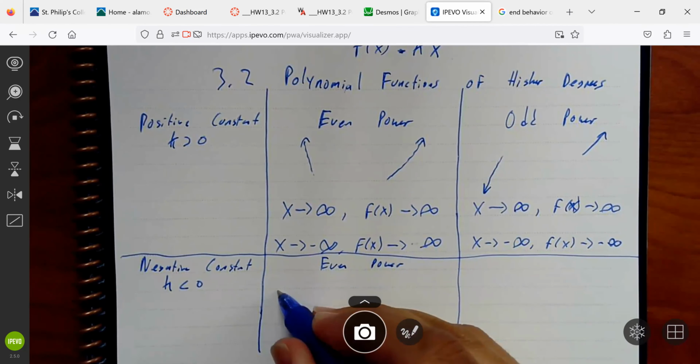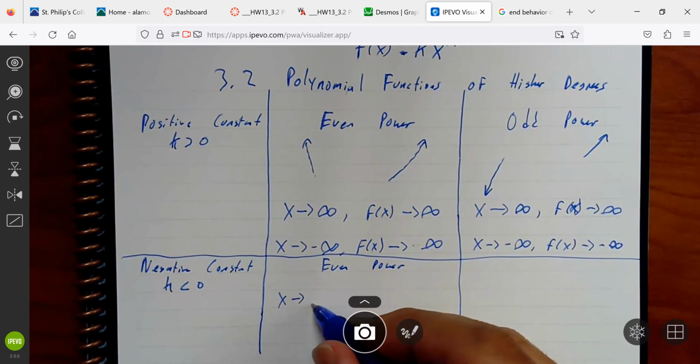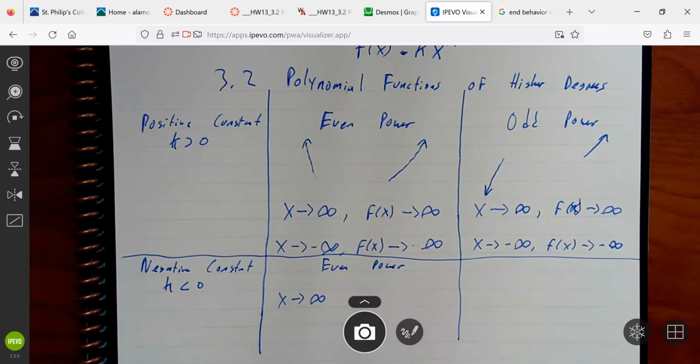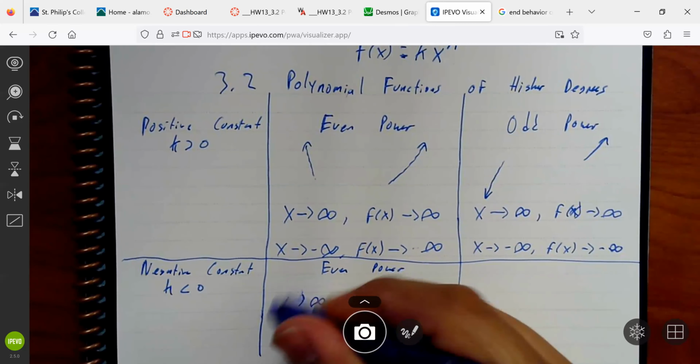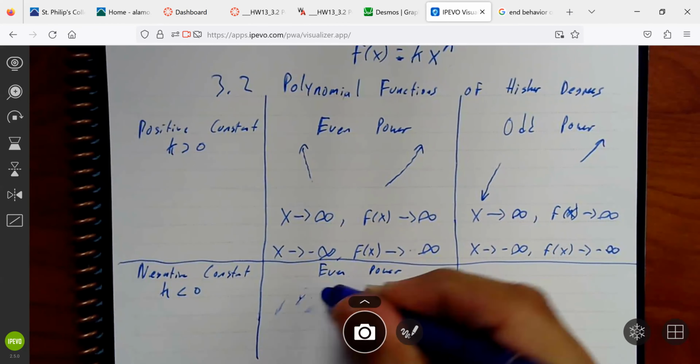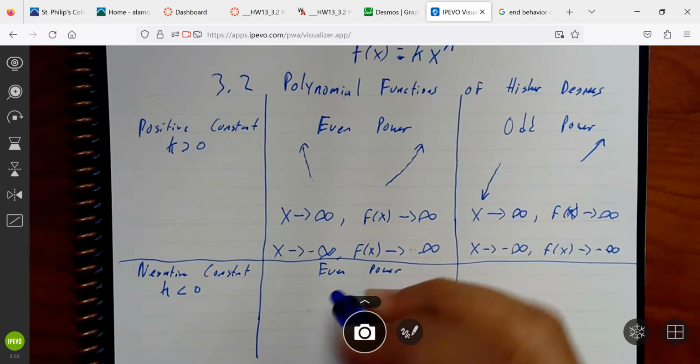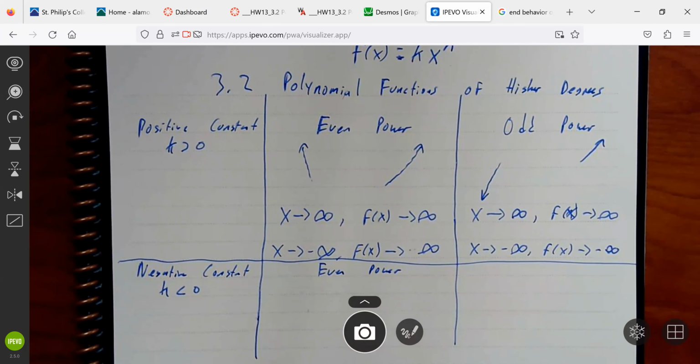As x goes to infinity. Oh, wait, let me draw the shape first. One moment.